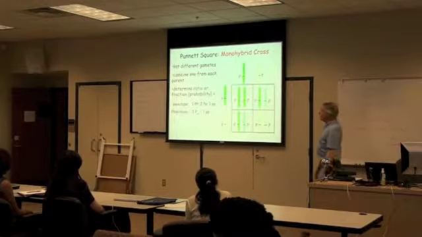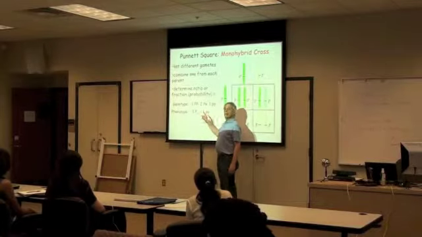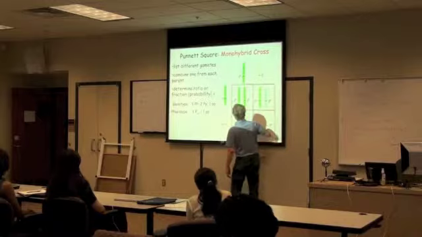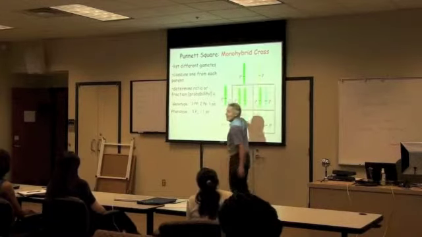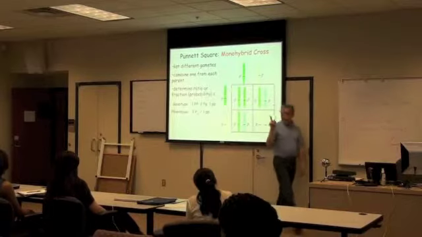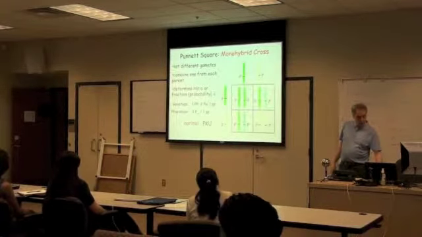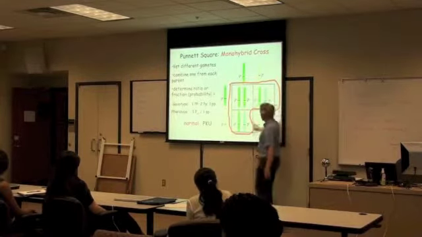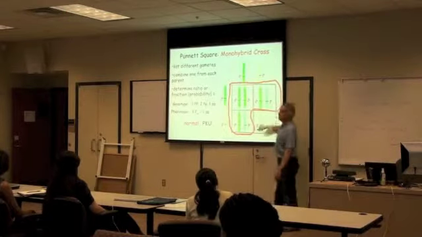And the phenotypic ratio is 3 to 1, right? Because all three of these boxes are the same phenotype. They're different genotypes, true, but the same phenotype. Normal or PKU. The normals are here. The PKU is here. Right?